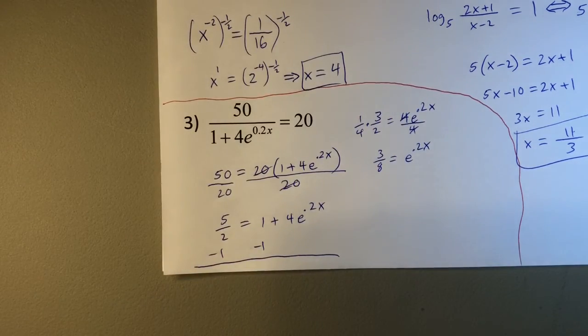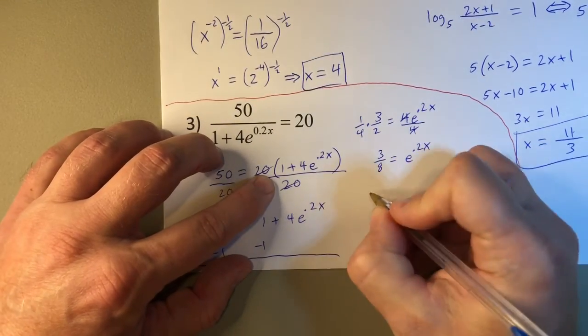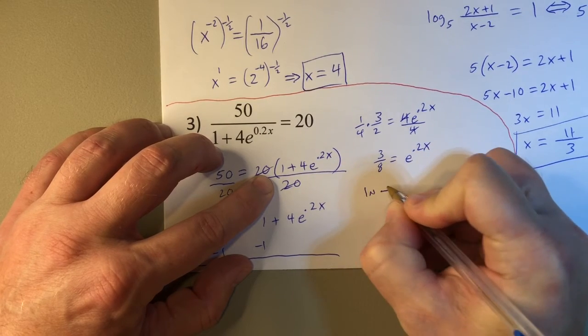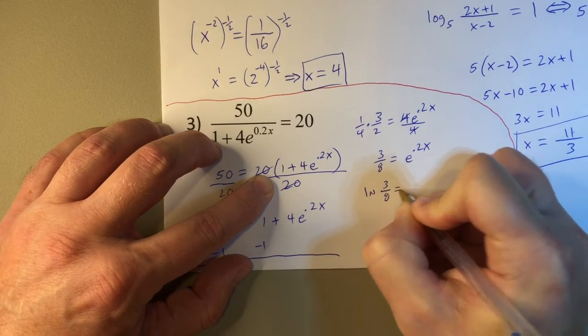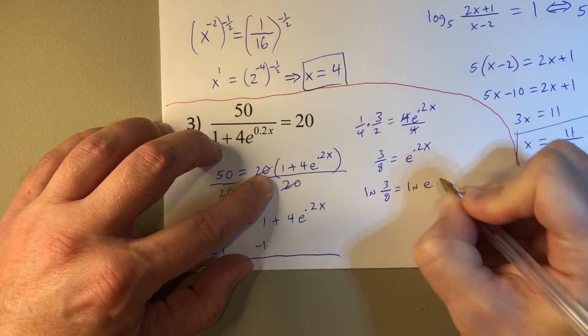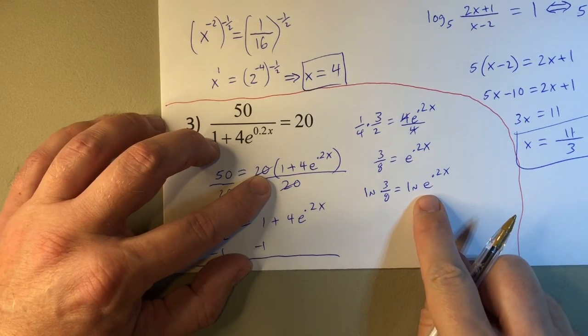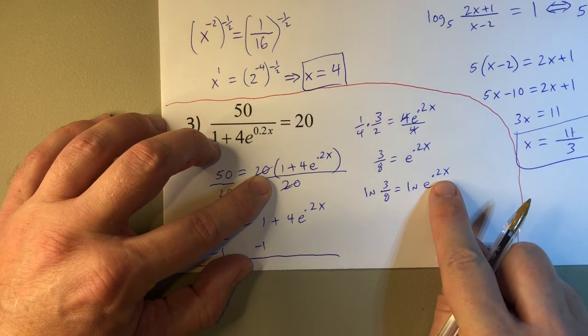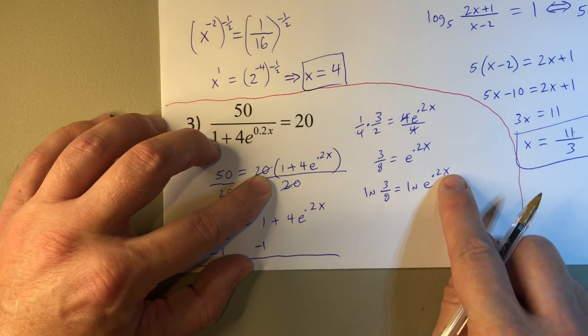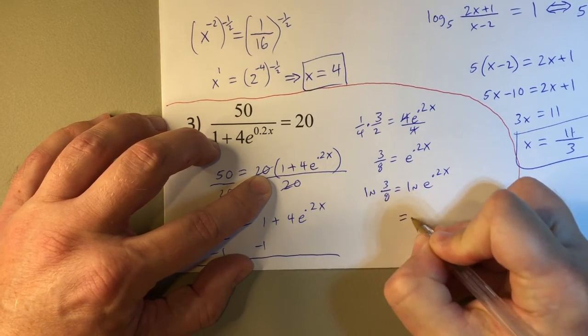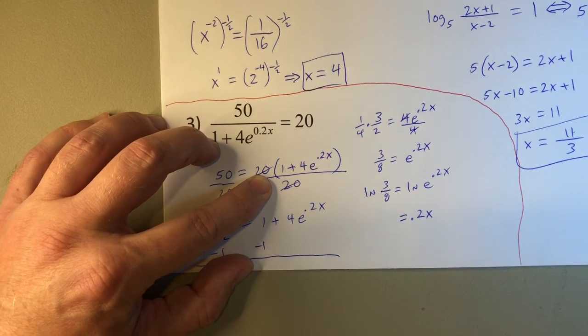So if you have a situation like this, you want to take the natural logarithm of both sides so that you can use this identity that's occurring right here on the right to rewrite this whole thing as simply 0.2x.